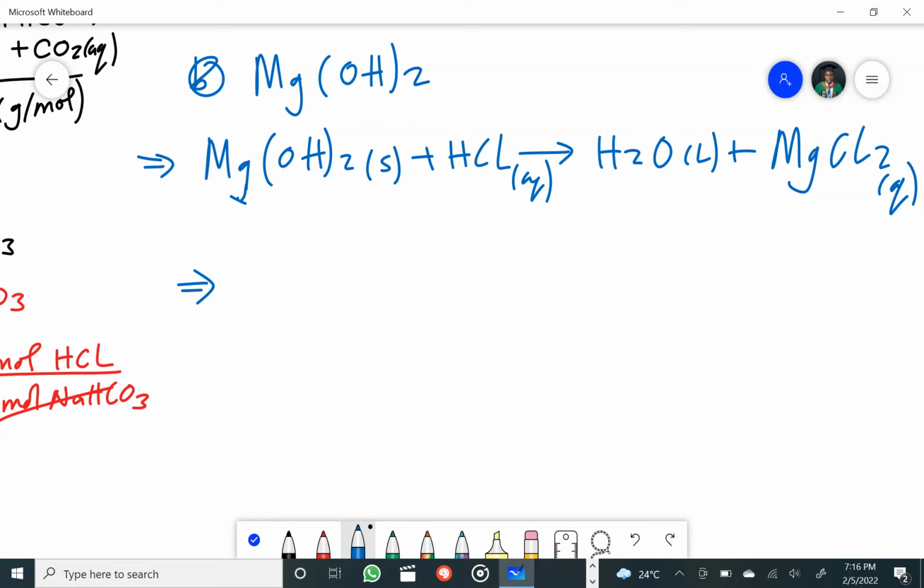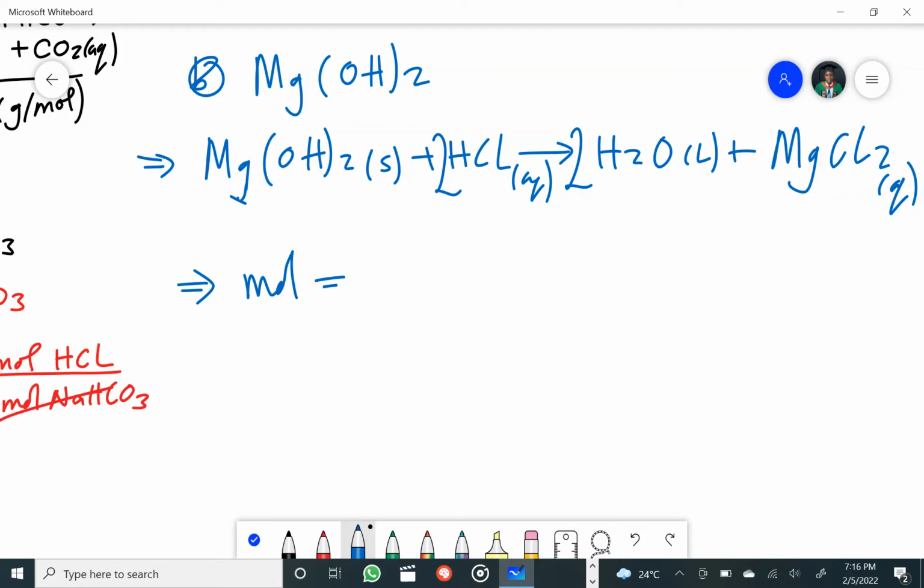So again, here concerning what we discussed, to balance this, we're just going to add the 2 in front of this and in front of that, so this becomes balanced, right?